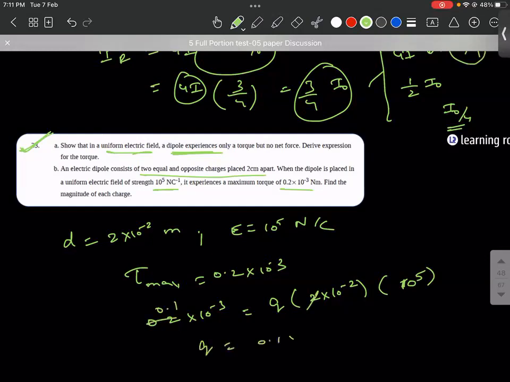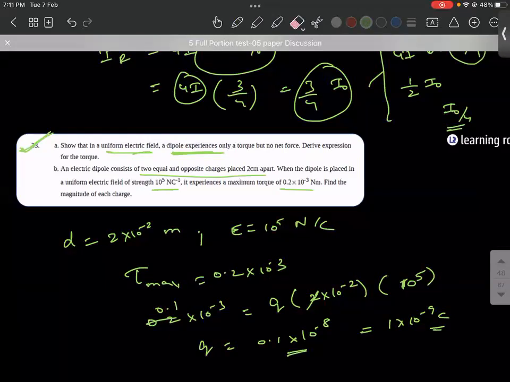So Q will be equal to 0.1 into 10 power minus 8, or it will be 1 into 10 power minus 9 Coulomb. 1 nano Coulomb is going to be the charge. Wait, 10 power minus 6. So 1 into 10 power minus 7 Coulomb should be the answer.